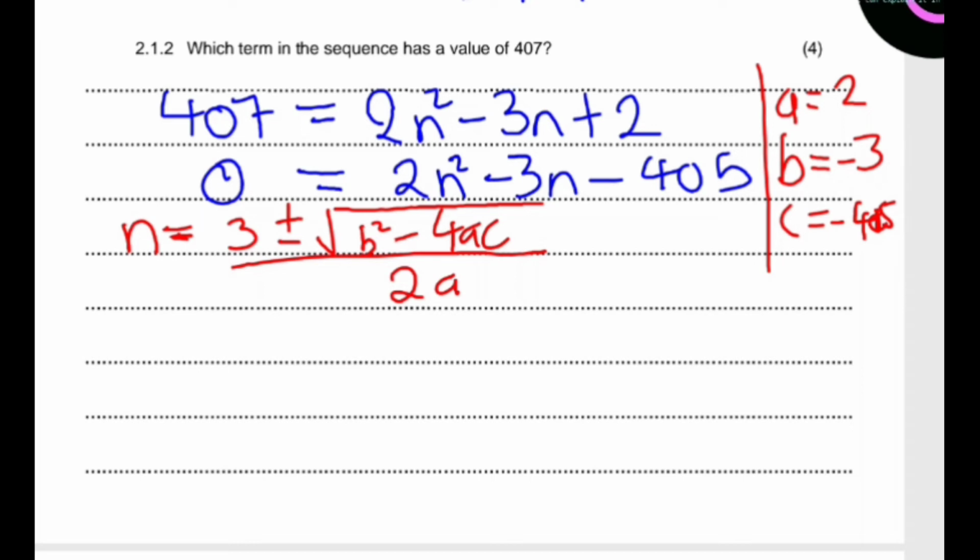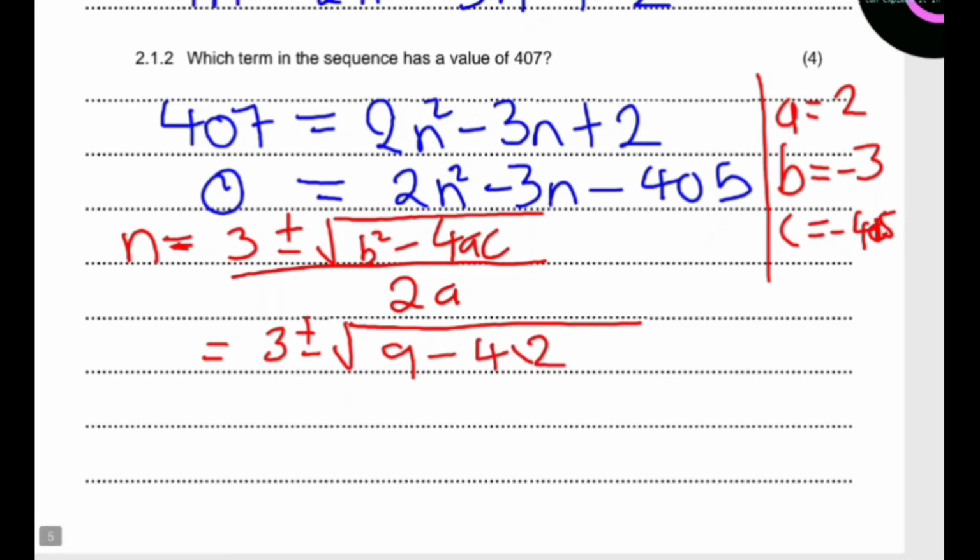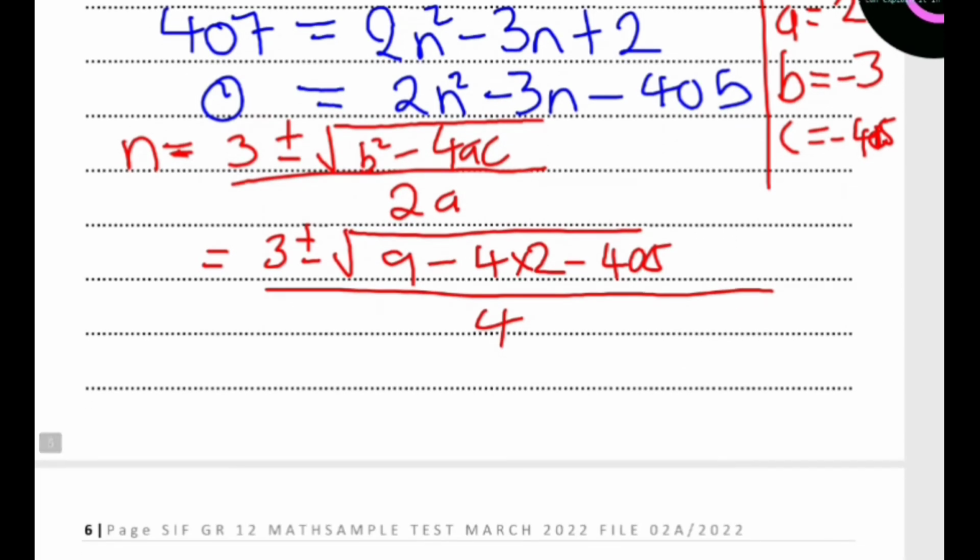Now, in this case, the b value is minus 3. So I've got 3 plus or minus the square root of negative 3 times negative 3 becomes 9, minus 4 times 2 times negative 405. All of that over 2 times 2, which is 4.